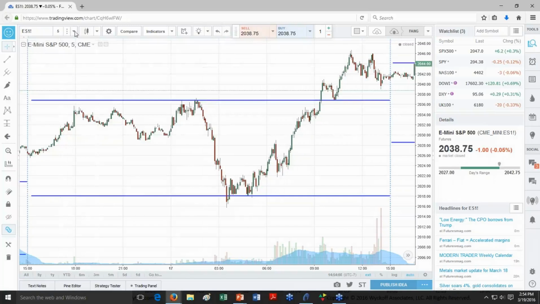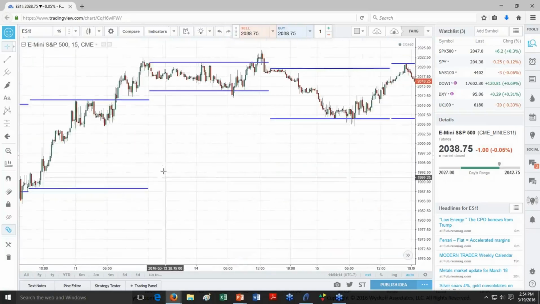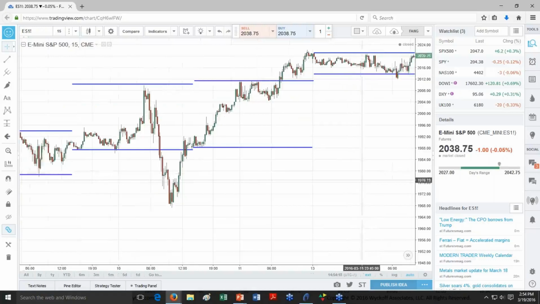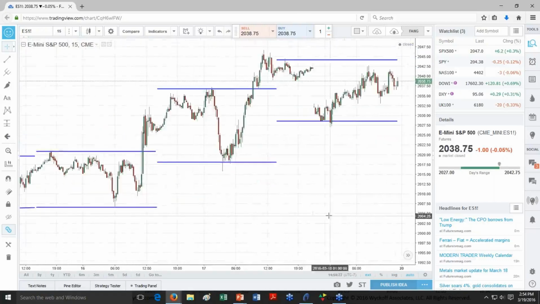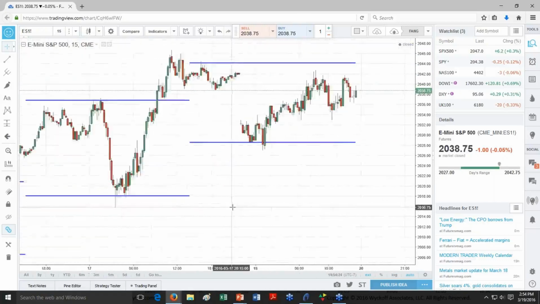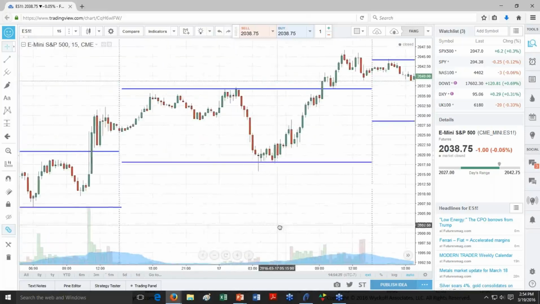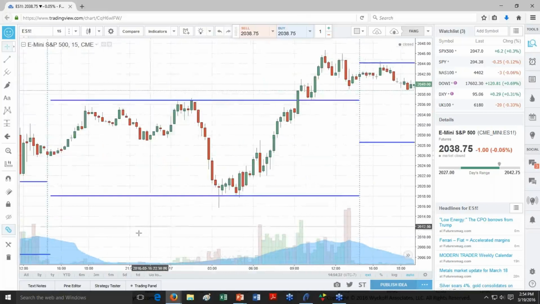So I have to find the correct time frame. Let's say I'm going to go 3 times the time frame. Where is it? Oh, right here. And this is another cool feature that I love about TradingView. I can just increase the size so easily.